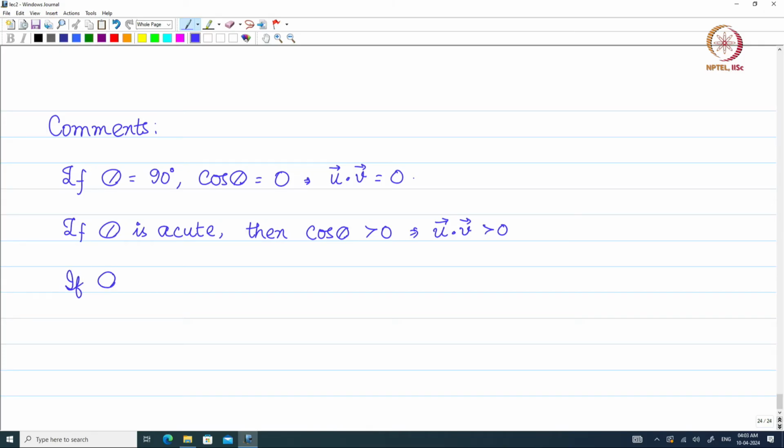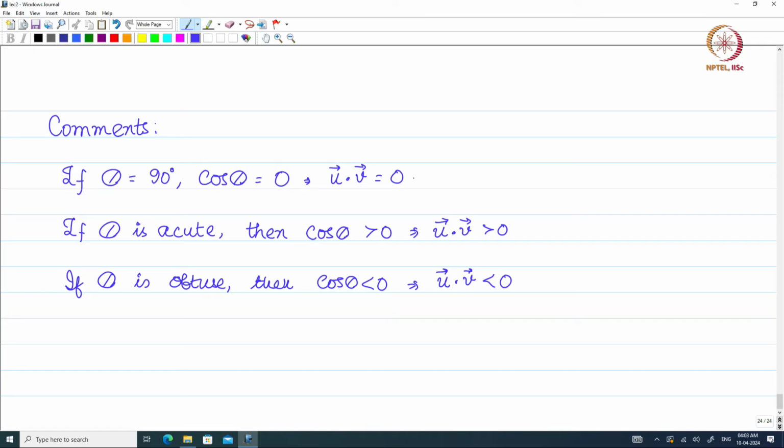If theta is obtuse, then cos theta is less than 0, which implies u dot v is less than 0. This is something we have to understand.